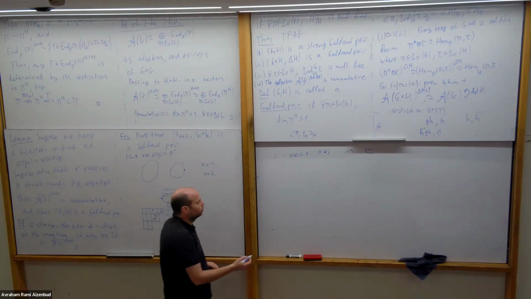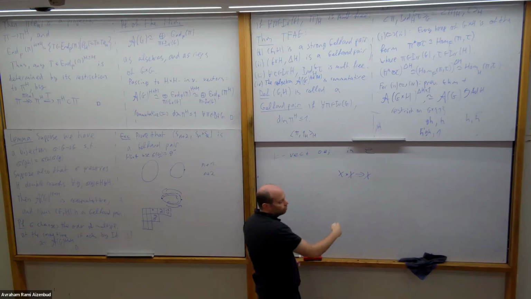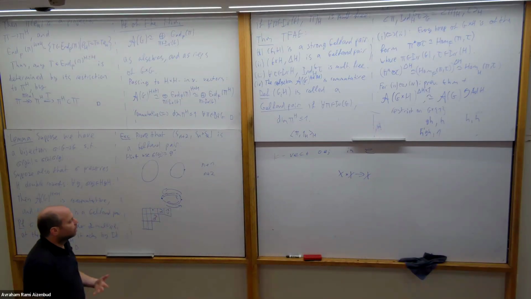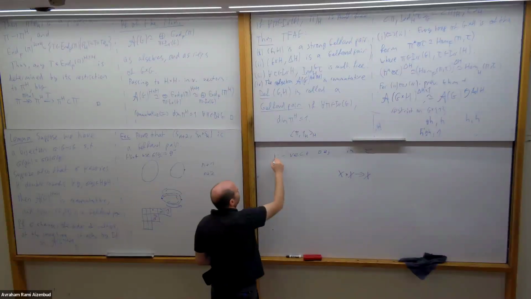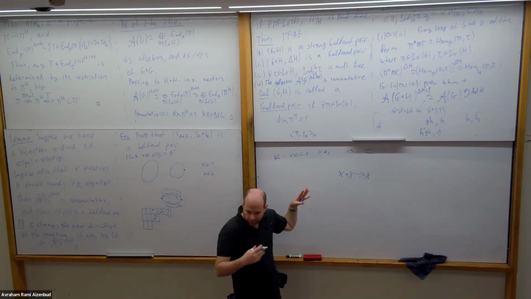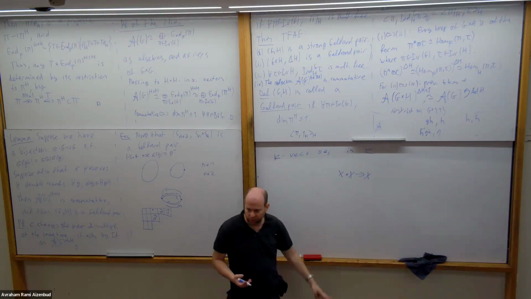It's an object in C with a map which satisfies the abelian group axioms. And now we have a field K. So what's a K vector space object? The claim is that it's an abelian group object together with an action of the field K on the object X.